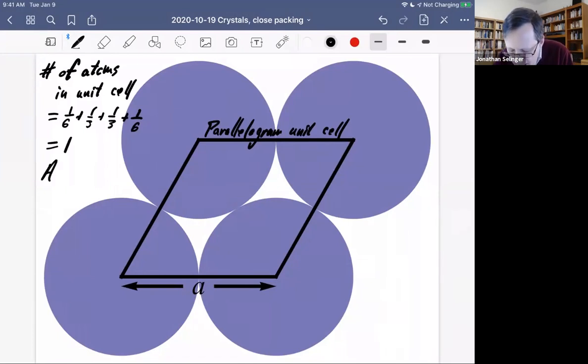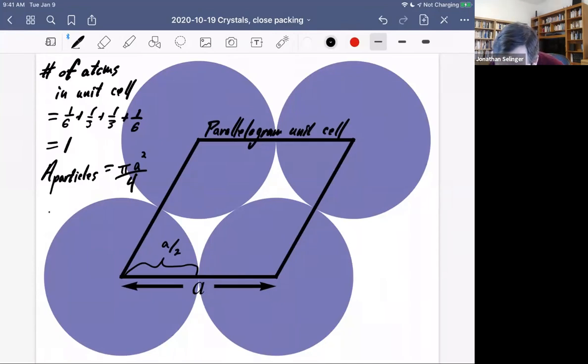The area that's devoted to particles is then the area of 1 particle. Right? So that is 1 times pi r squared. All right, so again, the radius is this A over 2. So it's pi A squared over 4. Right. Now, what about the total area?